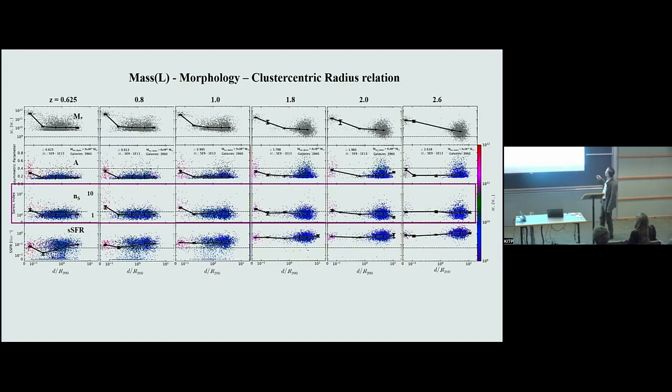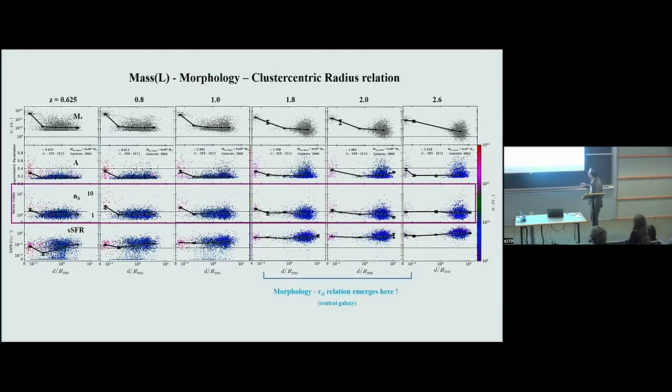And you see at redshift 2.6, for example, the Sérsic index at the center and the Sérsic index of the galaxies that will become members later all have almost the same Sérsic index. So the Sérsic index radial profile is flat at this redshift. And you see the Sérsic index at the center is rising.